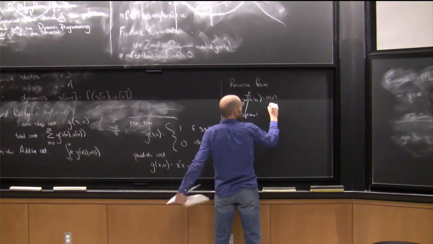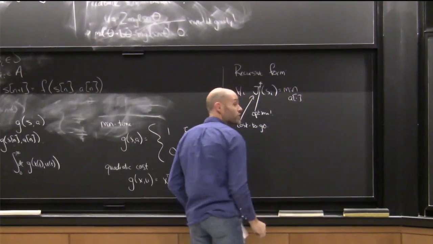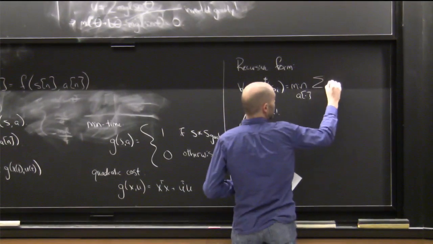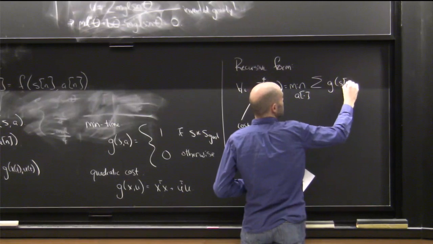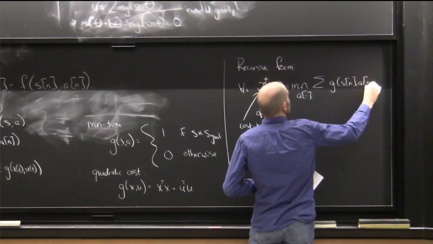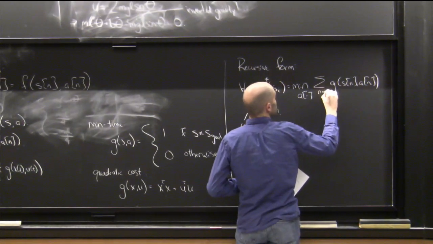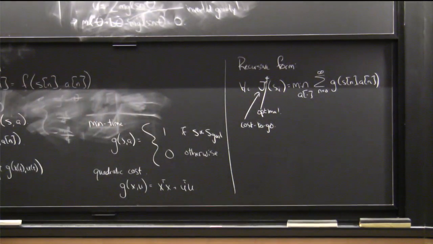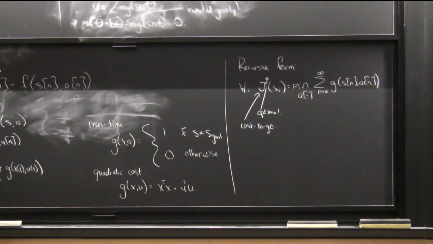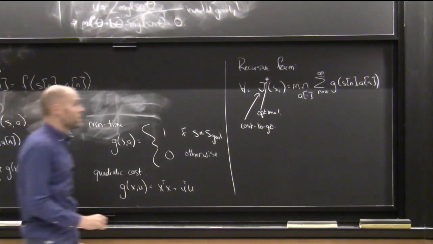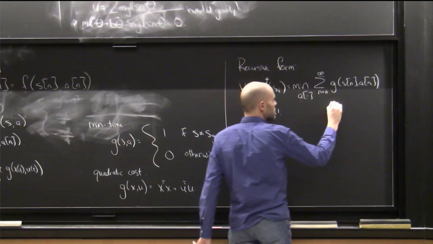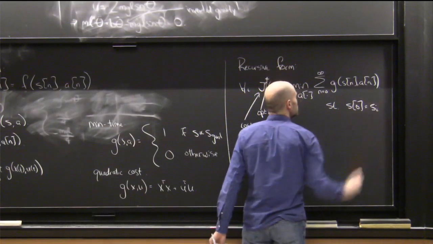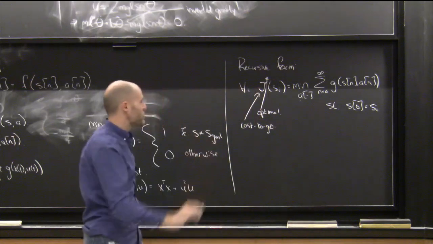It's the min over the a's I'm going to take in the future of that cost, given I start in some state s_i and I make the optimal decisions.